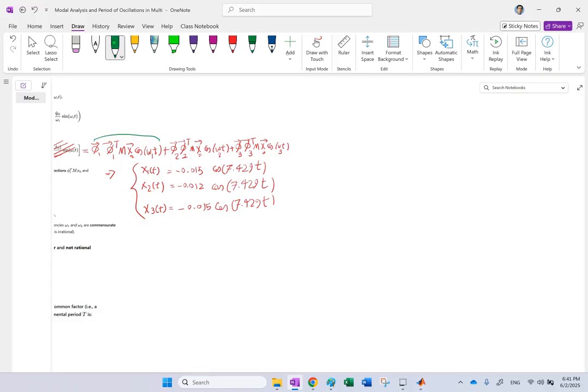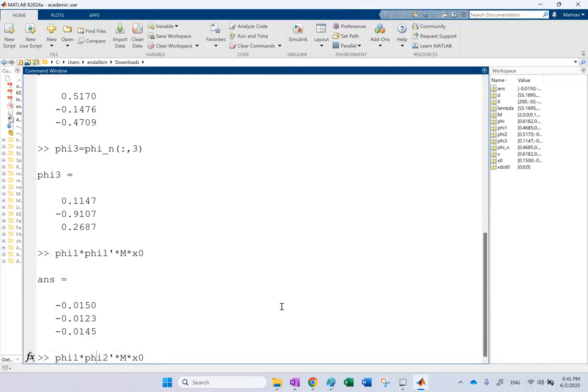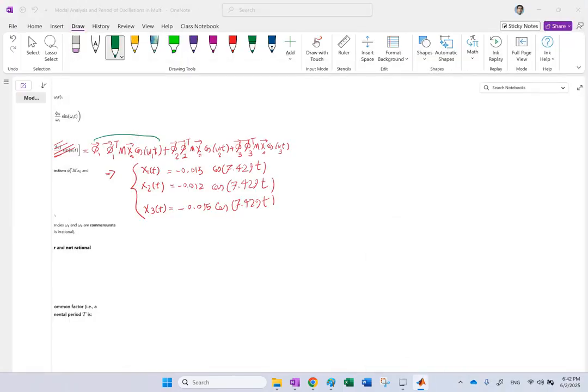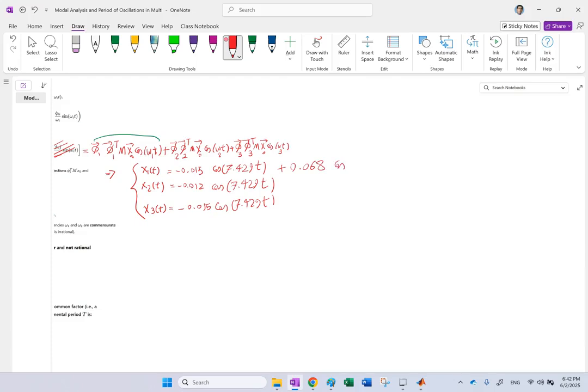Then I need to repeat that, but this time for phi 2. So I repeat the same thing, and I'll do phi 2. And these coefficients are for cosine omega 2t. So here I'm going to add them. So it is going to be positive 0.068 cosine of omega 2t.